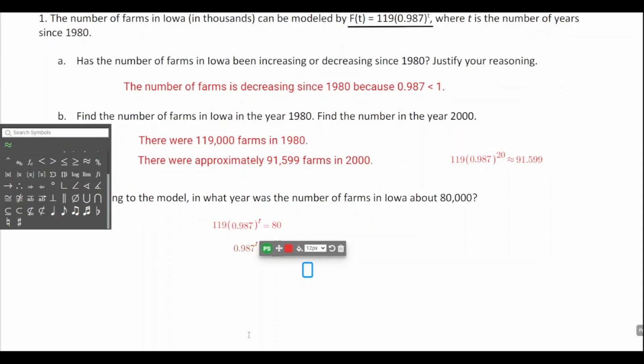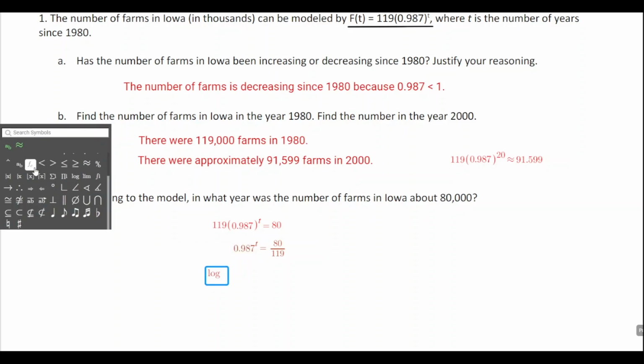Now to isolate t when it's in the exponent, we're going to use the inverse property and essentially input both of these as logarithms, where the base is 0.987 of 80 over 119. That is going to be our t-value.